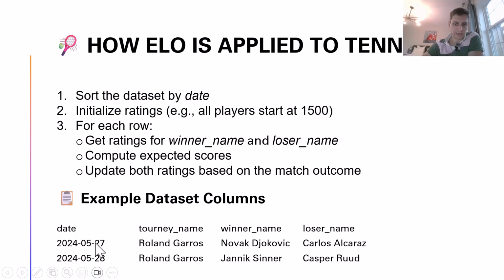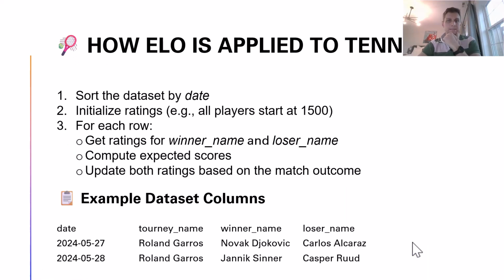Here is an example of 2 rows from last season of Roland Garros: Djokovic won against Alcaraz, and Sinner won against Casper Ruud.